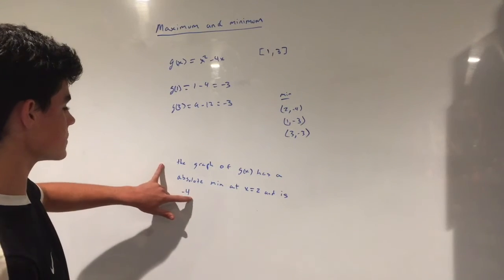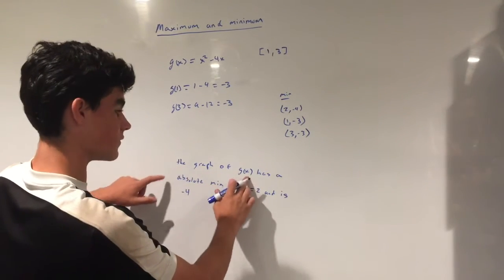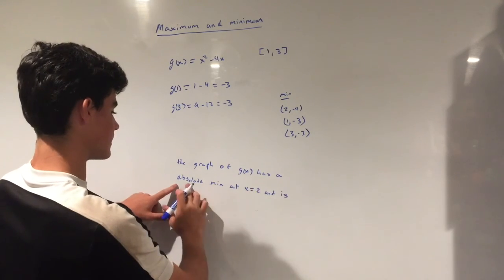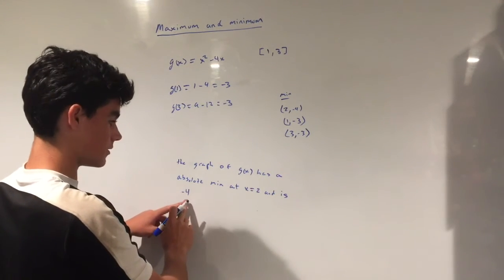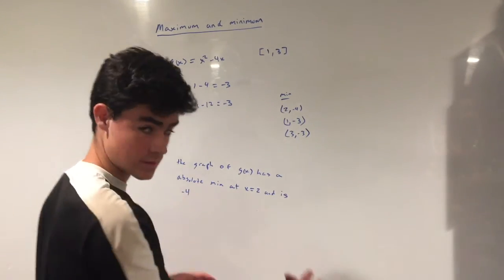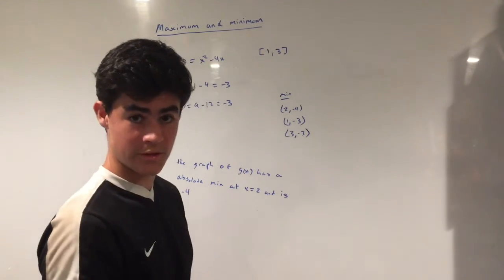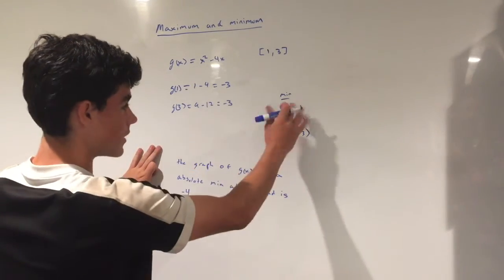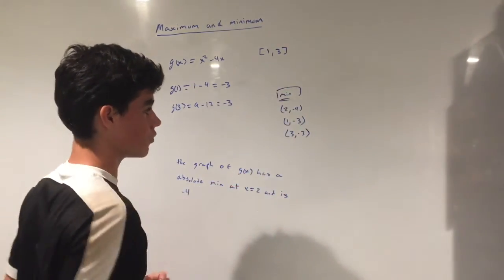So you could say this, or you can invert it. You could say the graph of g of x has an absolute min at y equals negative 4 at x equals 2, if that makes sense. Just writing out a statement showing what you found can be very important.